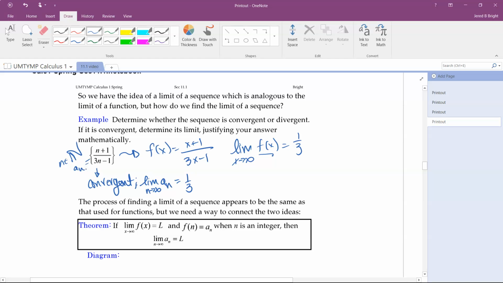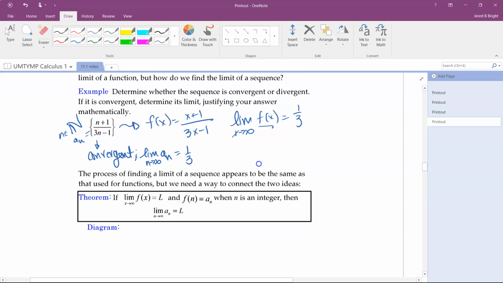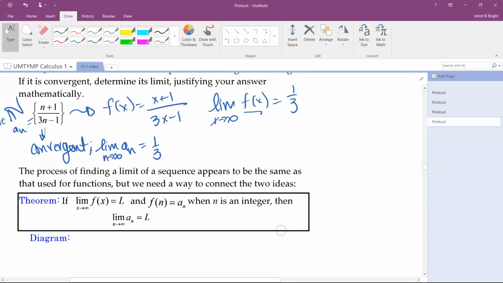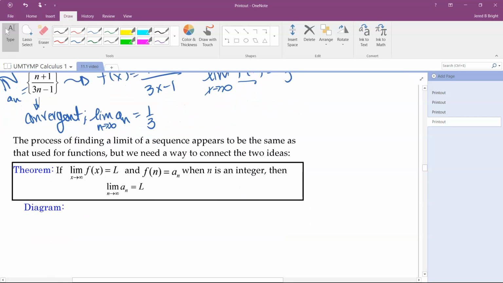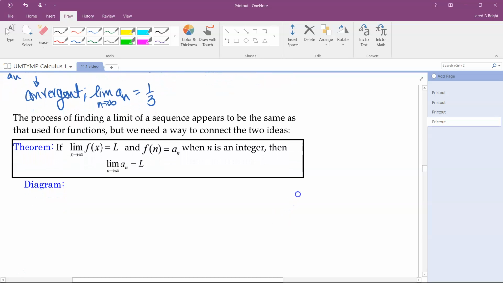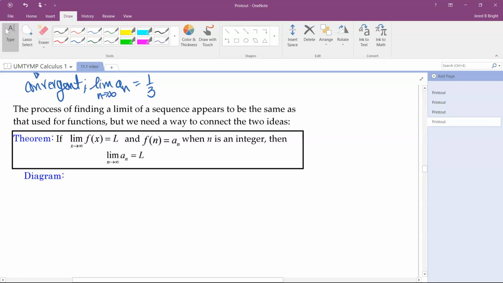Really, to find the limit, the same mechanisms that we use to find limits of functions work. And that's really what this last theorem is saying. If we know that the function has a limit of L, then the corresponding sequence, if we view the function as just the integer values from the function, then the limit of the sequence is going to be the same as the limit of the function.